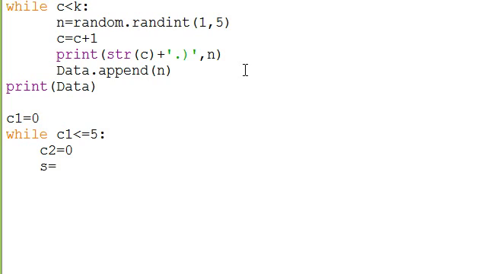And then S is equal to 0, and what this S is will be sum, so we'll be summing up the number of times each one of them occur. Alright, so C2 is less than K, and then just hit enter. Remember, just to hit enter.